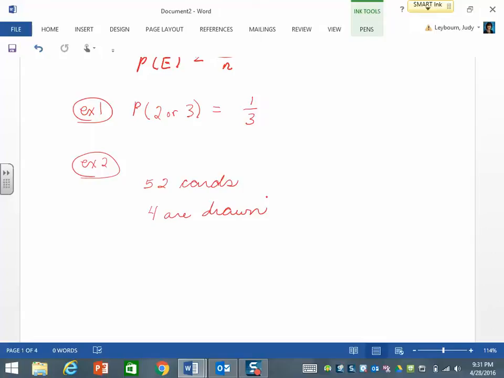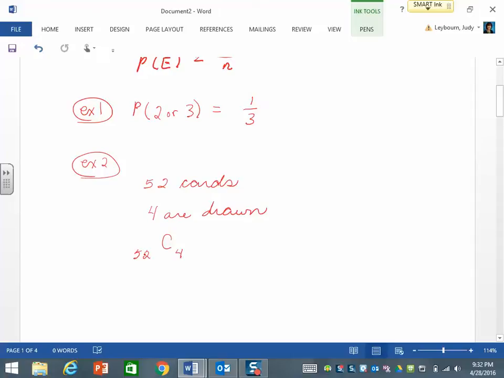The number of ways of drawing 4 cards out of this standard deck would be 52 choose 4.